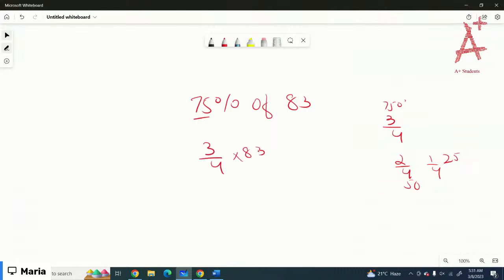Got it? It would be 3 over 4 times 83 over 1. 3 times 3 is 9 and 3 times 8 is 24. 4 times 1 is 4. Just divide and see what the answer is. 249 divided by 4 is 62.25.